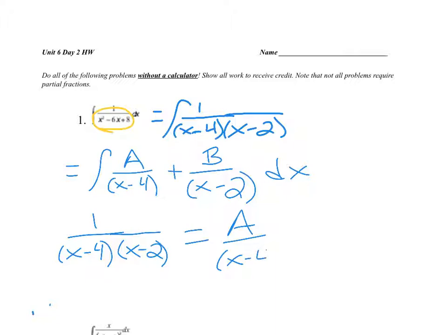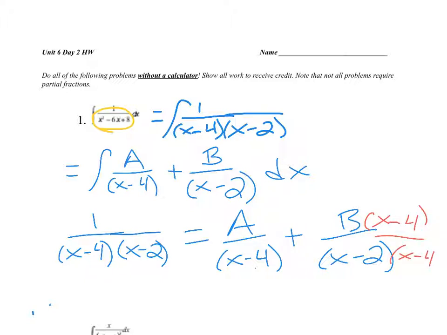So if this is the case, then I want to use an algebra 2 technique that says I can get a common denominator if I'm trying to add fractions. So this has this x minus 4, this side needs x minus 4. So this side needs an x minus 4 over x minus 4. And then this one needs that x minus 2 over x minus 2, right?